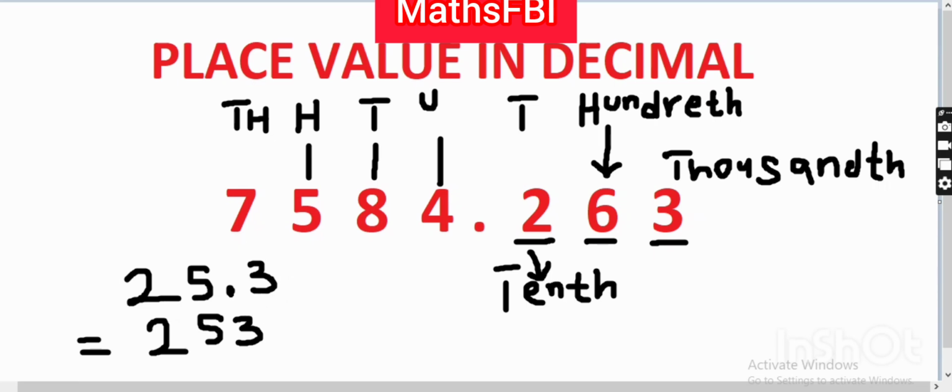Because after the decimal point I have only one digit. The place value of 3 is tenth, so it equally means everything here is divided by 10.